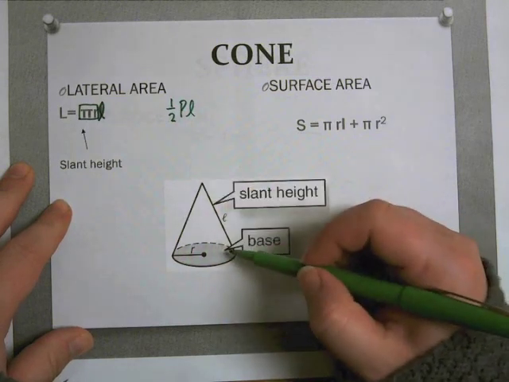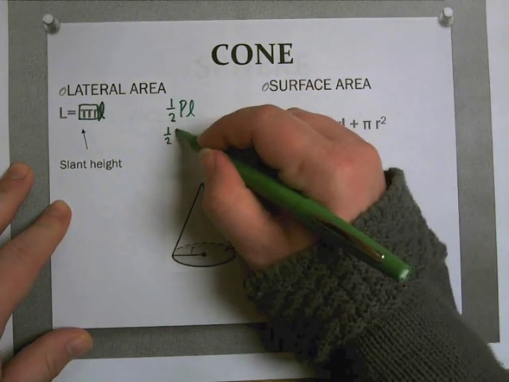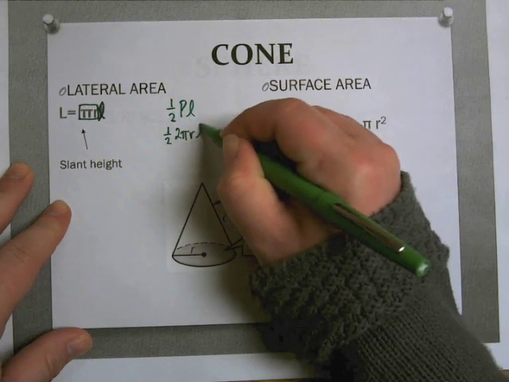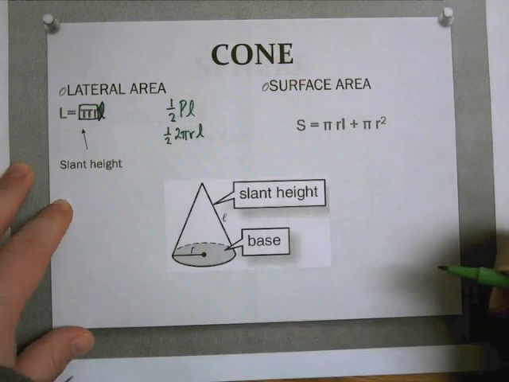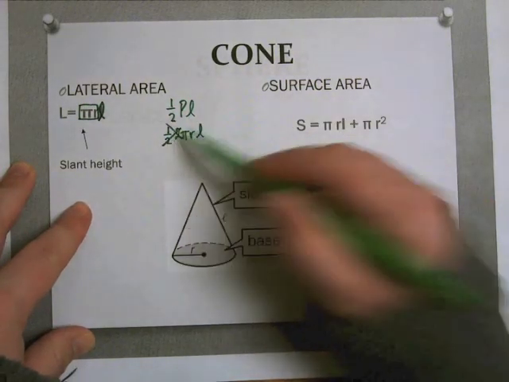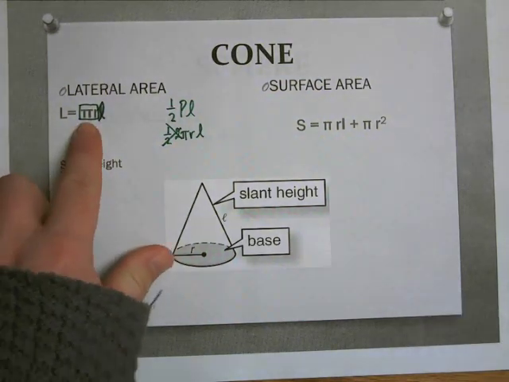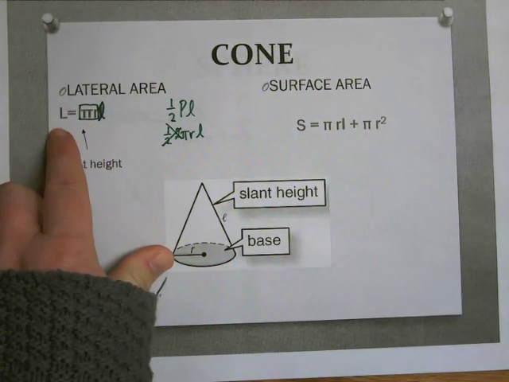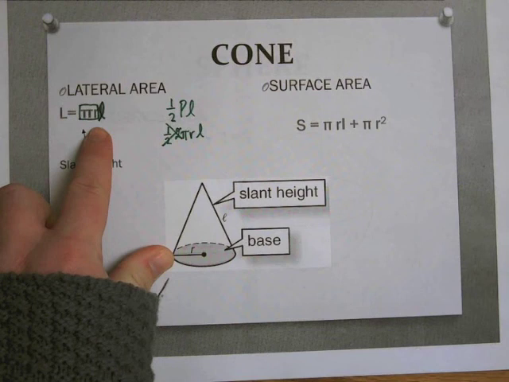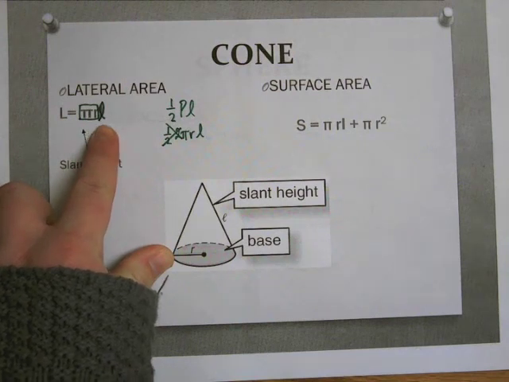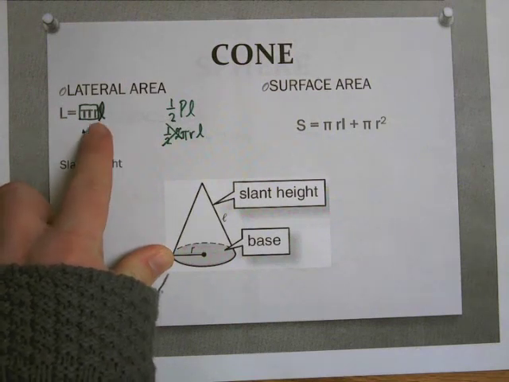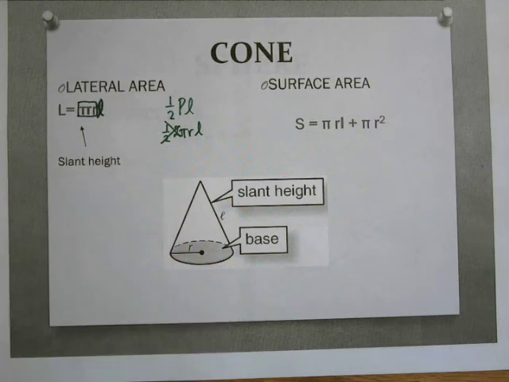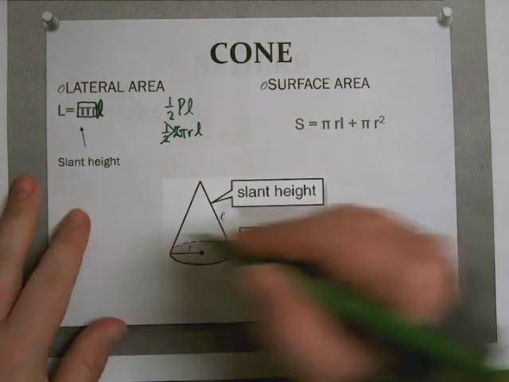The perimeter of the circle is our circumference, so it would be 2 pi r times the slant height. What happens with the 1/2 and the 2? They cancel out. So that's where we came up with the lateral area is equal to pi r L, because the 1/2 and the 2 canceled each other out.